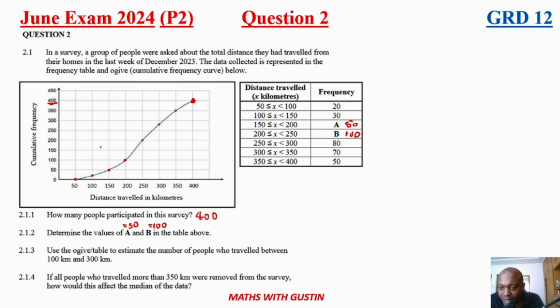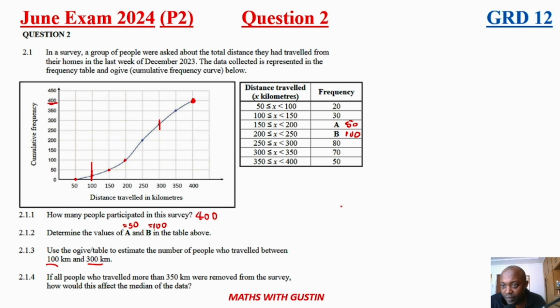And then 2.1.3, use the ogive or the table to estimate the number of people who traveled between 100 and 300 kilometers. So basically they want us to look for the people who traveled here at 100 and also 300, just those that are in between. What would you do in this case?